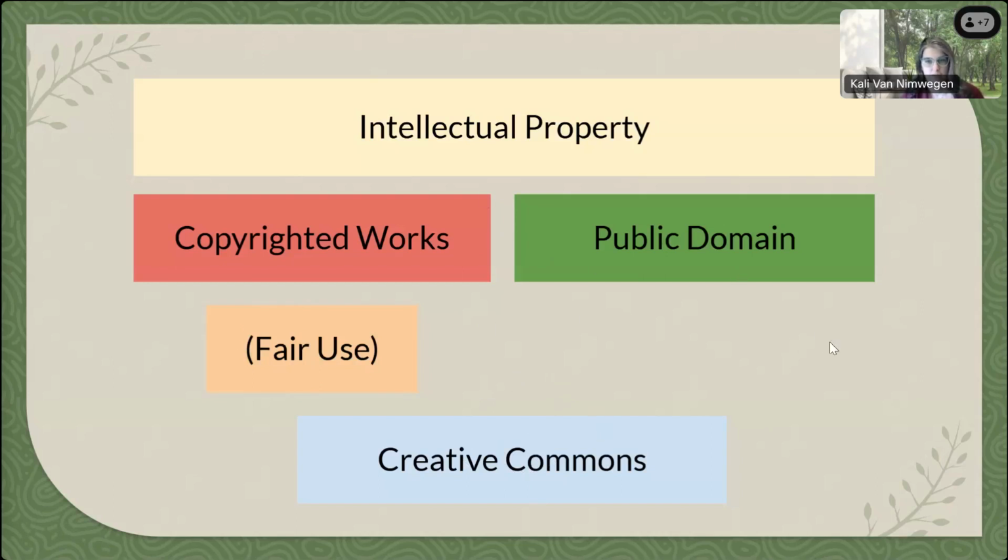And if that sounded very quick, don't worry, we are going into full details and definitions. This is just a visual to give you an idea of how to envision this section and how you might figure out where a copyright versus a public domain work might sit under the umbrella of intellectual property.